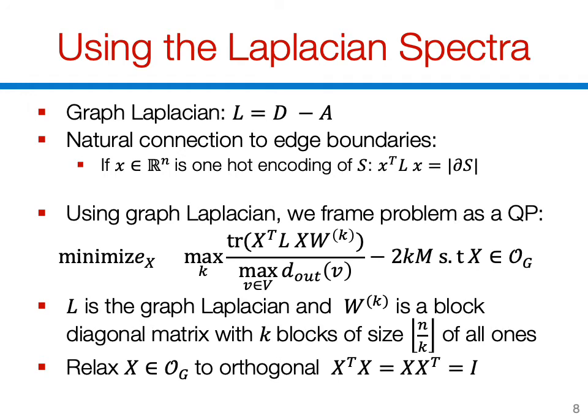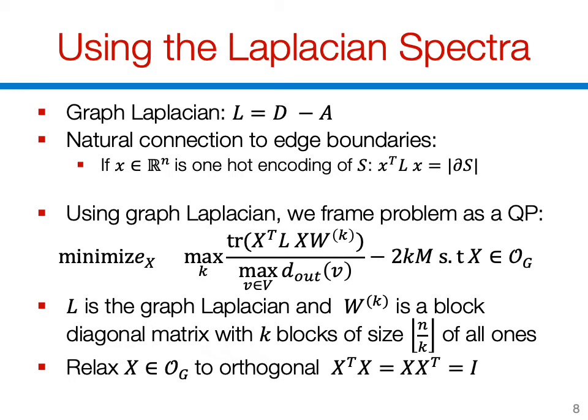Thus, using the graph Laplacian, in our paper, we bound the equation from the last slide by the solution to the following quadratic assignment problem. Here, x is our optimization variable and is the evaluation order, constrained to be topological on G. L is the graph Laplacian, and W is a block diagonal matrix with k blocks of 1s of size n over k each.